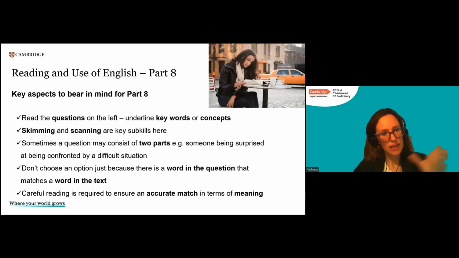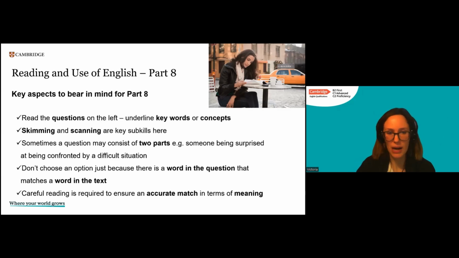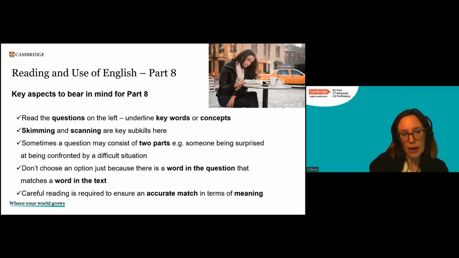Then it's time for you to read the texts quickly to try to get an idea of what the texts are about, and maybe scan for the ideas mentioned by the keywords, the meaning behind these keywords. You need to bear in mind also that a question may consist of 2 parts. For example, someone being surprised at being confronted by a difficult situation. So 2 different ideas there.